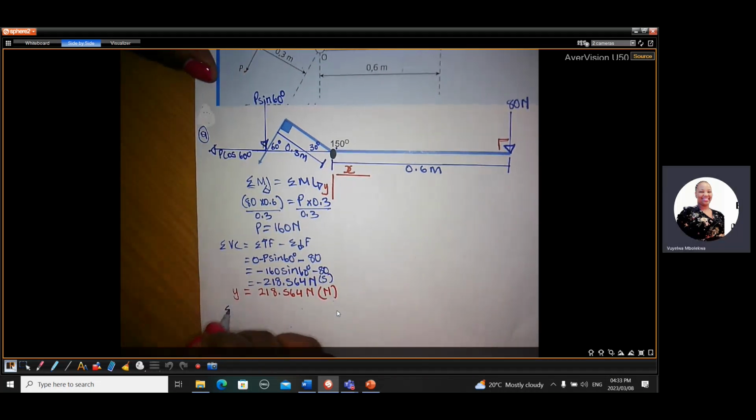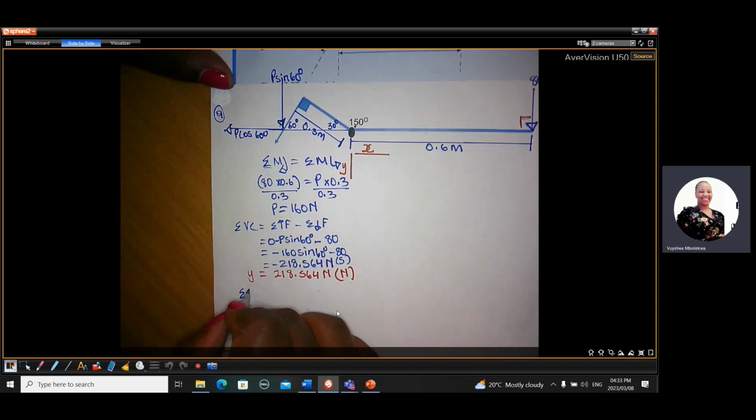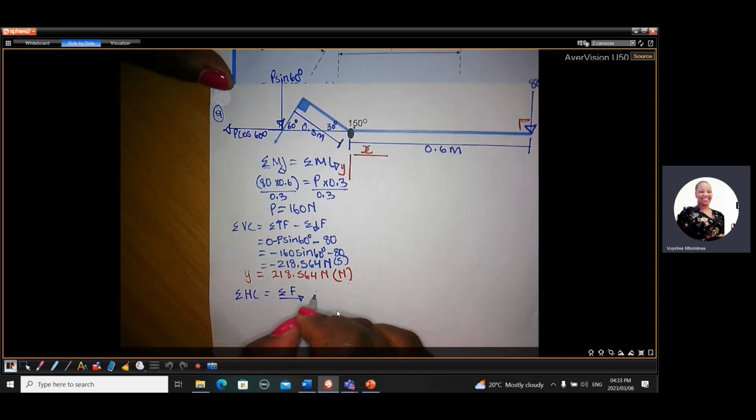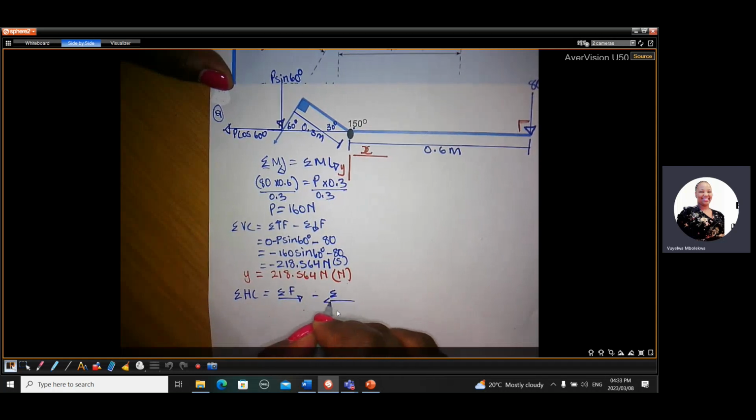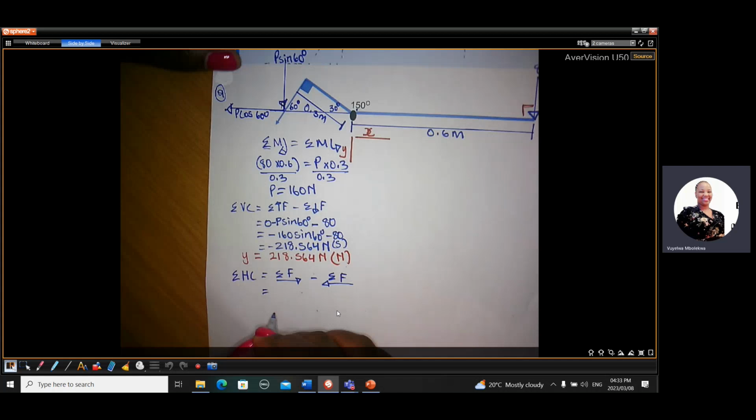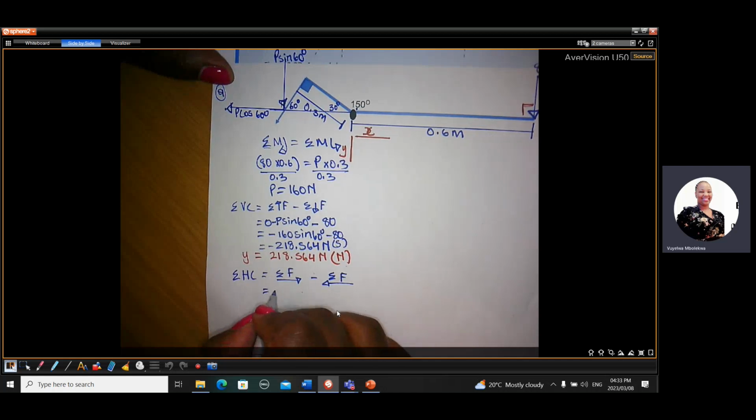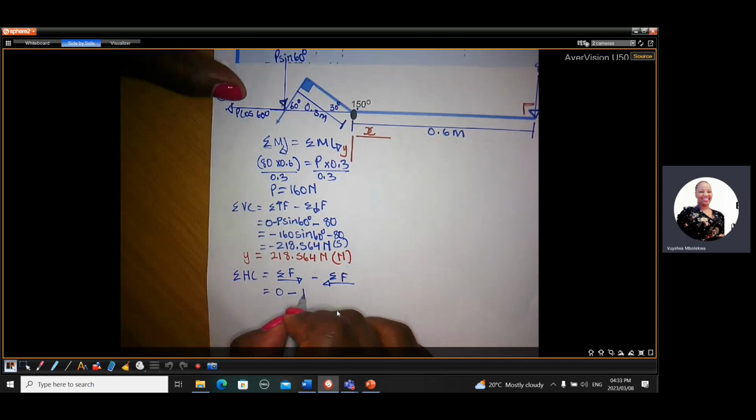Then let's continue with the horizontal components. Eastwards forces are positive, westwards forces are negative. Eastwards, who do we have? We have 0. Westwards, we have P cos 60.